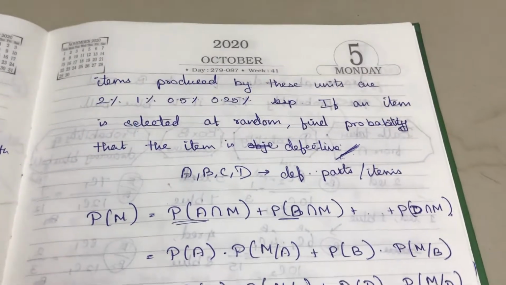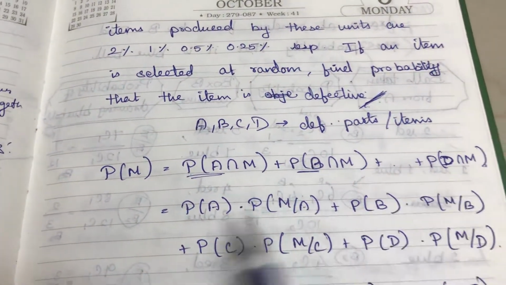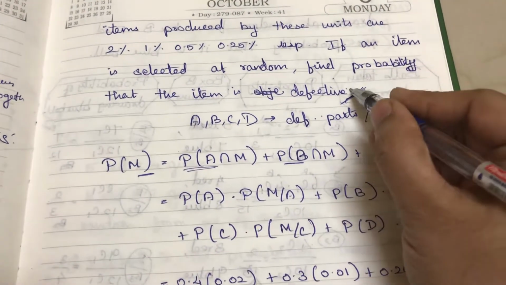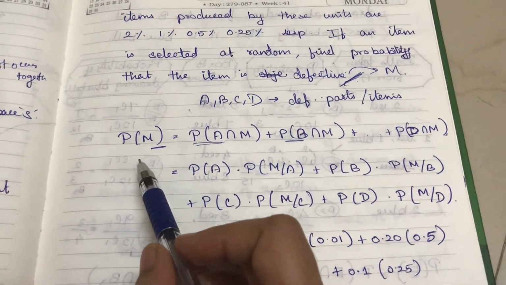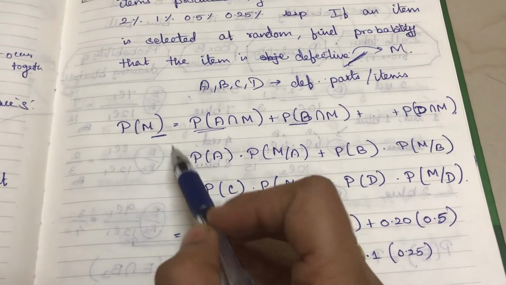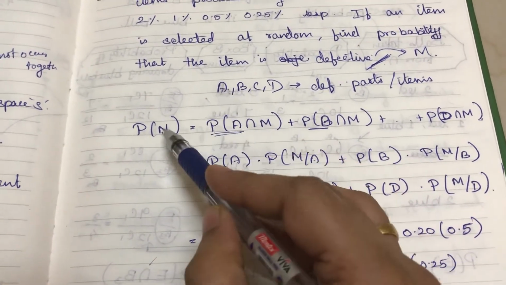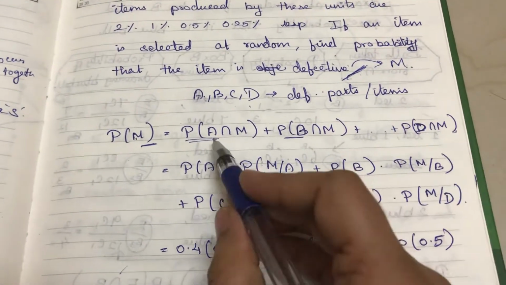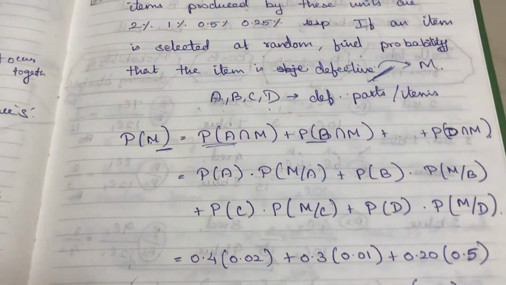I'm just taking the 4 units as A, B, C, D, and defective as M. So P of M will be the common things to defective and A: A and M, B and M, C and M, D and M. You can see here these are the common things compared to the item, the production and the defective.